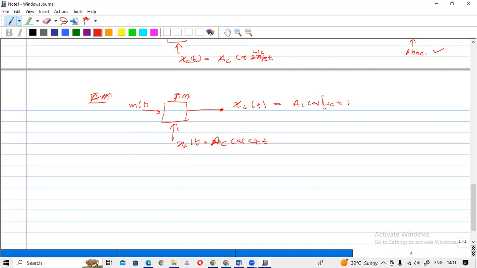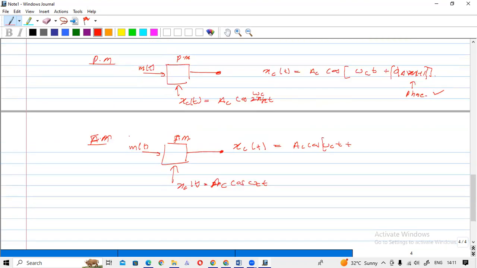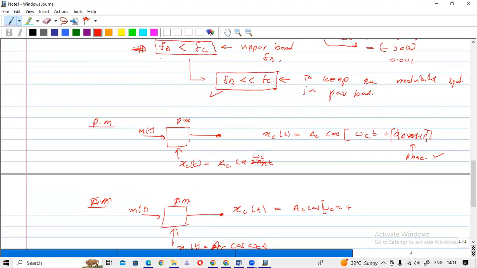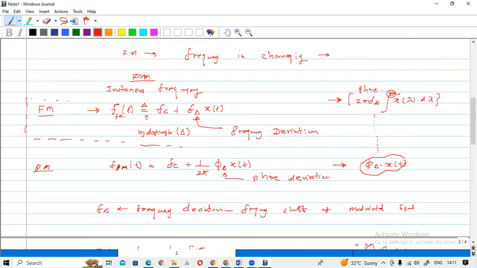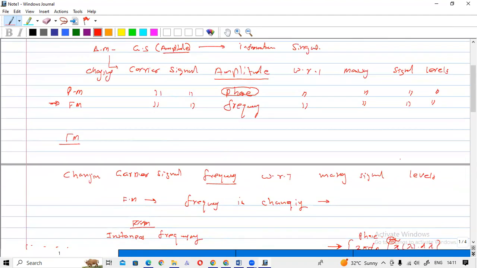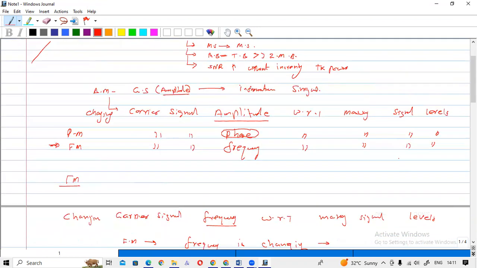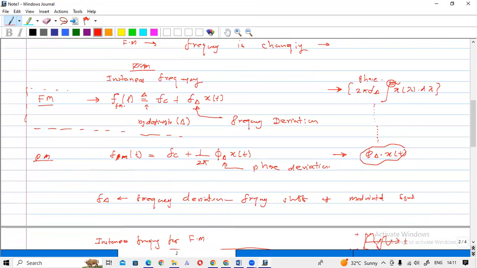omega CT plus, here also you are changing the phase actually. That is why I told you that in FM also we are changing the phase, but in a different manner. That is, we are associating the integral with it. This is the instantaneous phase actually.